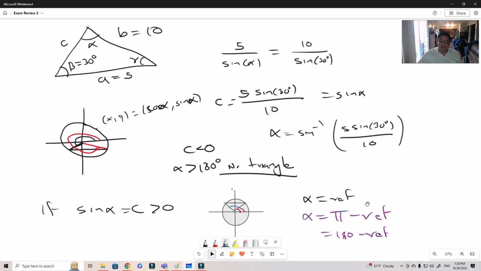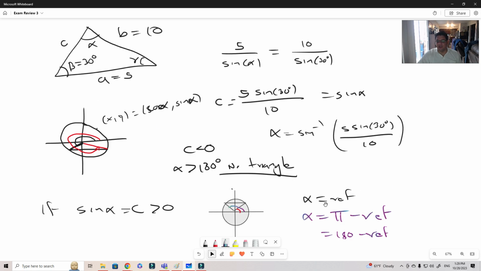The case where I have one single triangle is when one of the two angles breaks the triangle, so adding to 30 is not going to leave me space for a third angle. For example, if I do 155 degrees added with beta, that's more than 180 degrees, so I don't have a triangle at all.